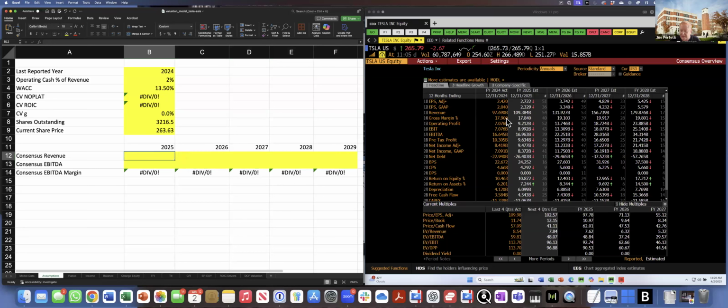For 2025, it's 109,384. For 26, it's 131,927. For 27, it's 156,739. For 28, it's 179,876.